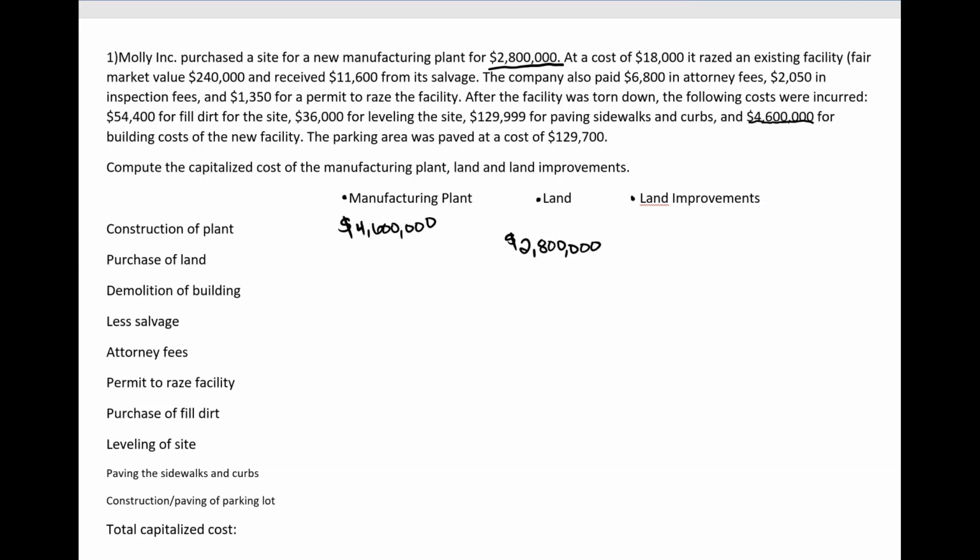Demolition of building is $18,000. That is also under land. Then less the salvage value. The salvage value is $11,600. And that will be a subtraction.